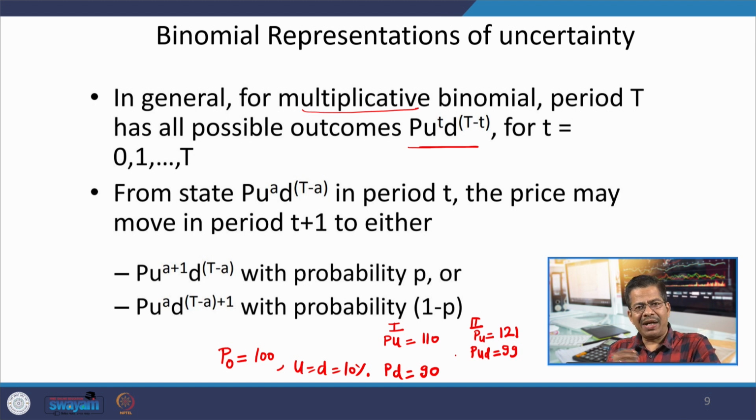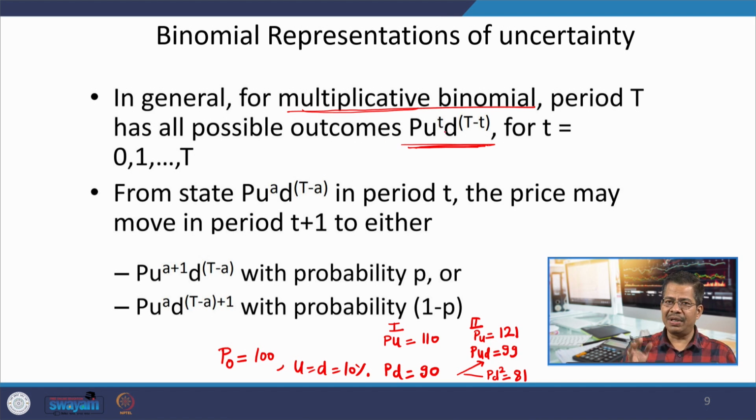Prices have increased by 10% for PD, 90 plus 9, and prices have reduced by 10%, PD square, 90 minus 9, that is 81. So that is the meaning of multiplicative distribution, and in this case all possible outcomes can be determined for a particular period using this simple generic formula.